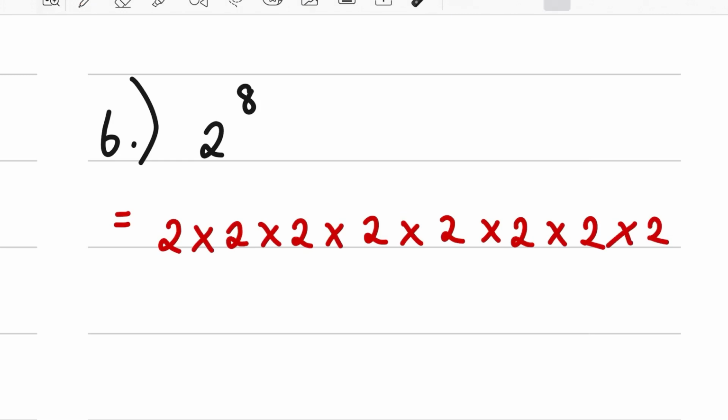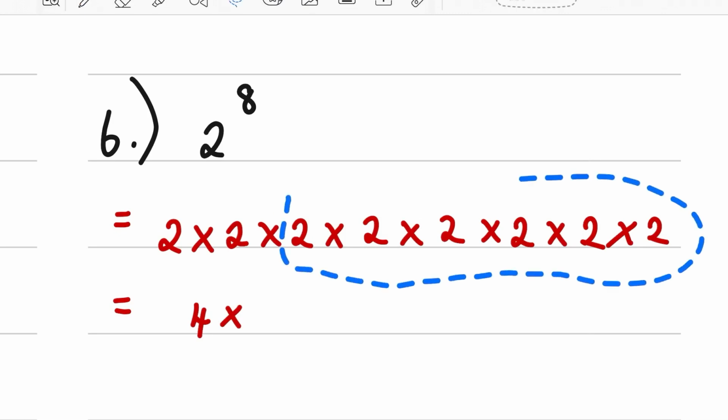So let's just count to make sure that we have the correct number of 2's. 1, 2, 3, 4, 5, 6, 7, 8. Good. So now we start multiplying from left to right. 2 times 2 is 4. And yes, I'm going to bring down everything else still.